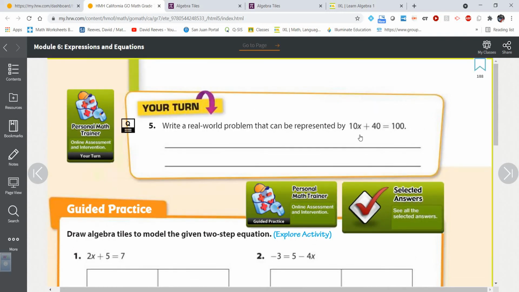All right, this one right here, again, if we're looking at that same situation, this time you started off with $40 and you were saving $10 each week, how long until you have $100? All right, or maybe an elevator can hold at most 100 pounds.